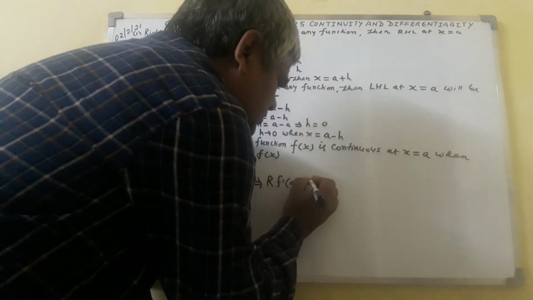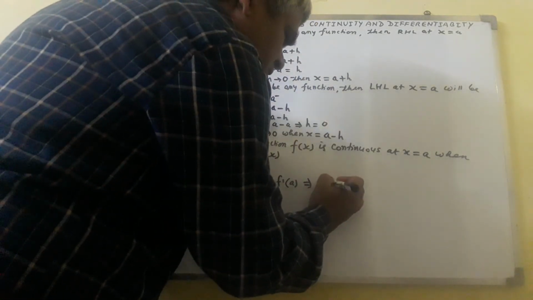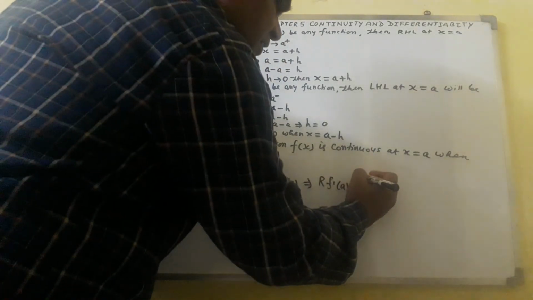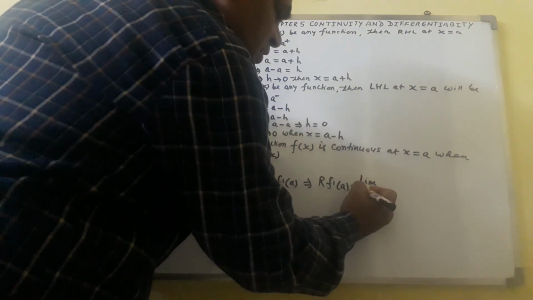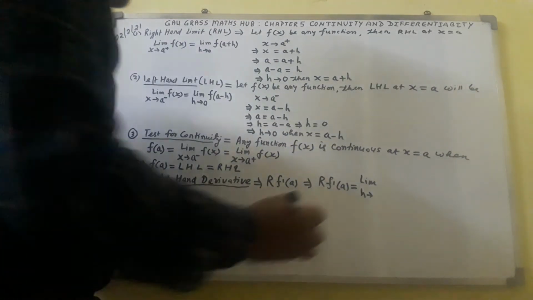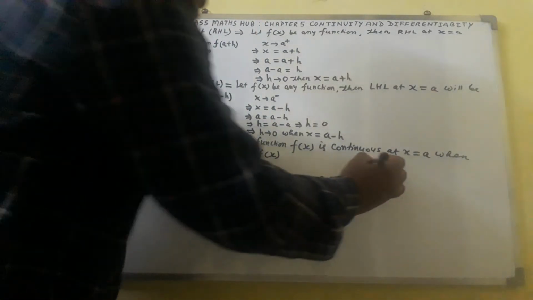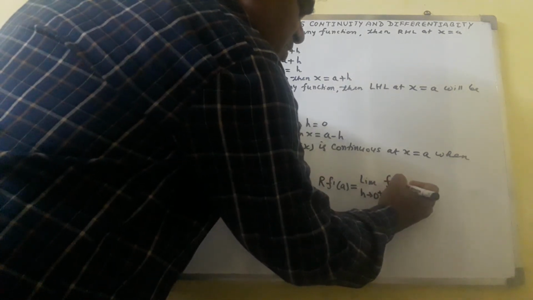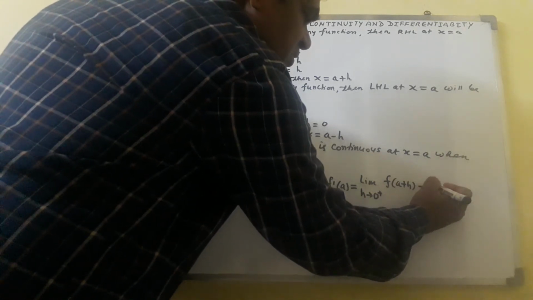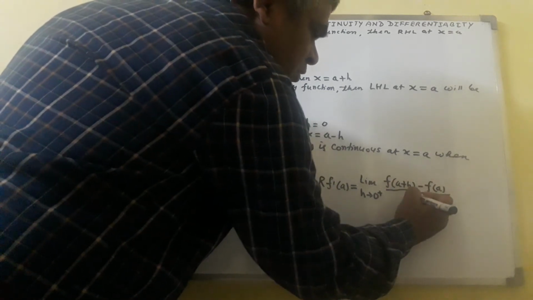This implies that the right hand derivative equals the limit as h tends to 0 positive, since right is there, so write 0 raised to power plus, of f of a plus h minus f of a, whole over h.